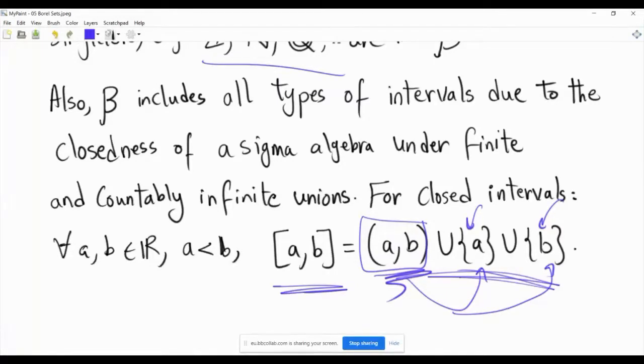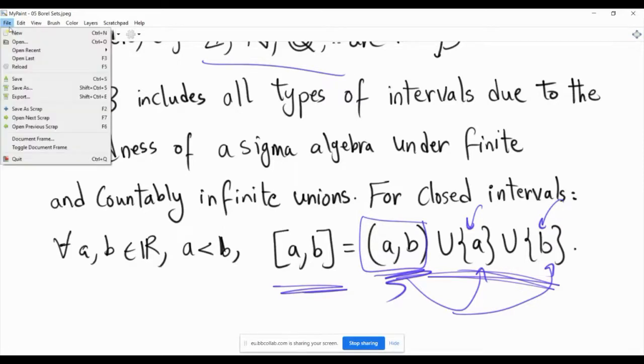So if we don't use the power set of R and we just use the Borel sigma algebra, we are fine. We avoid the problems of subsets of R like V, but we have everything of practical interest. The Borel sets also include what you can call bizarre or weird subsets of R.